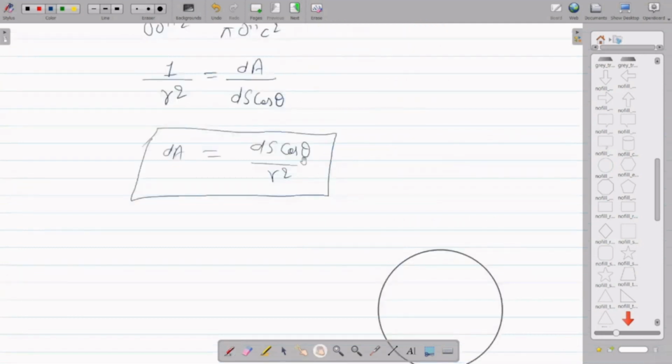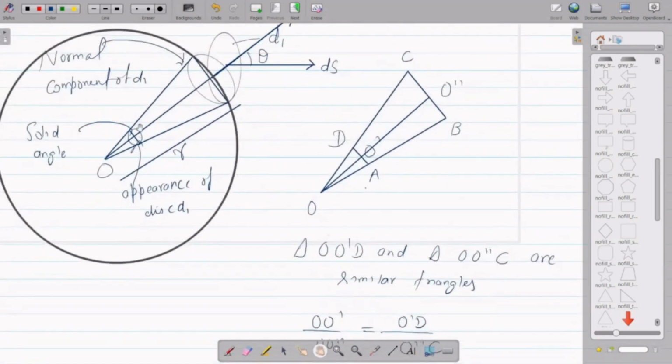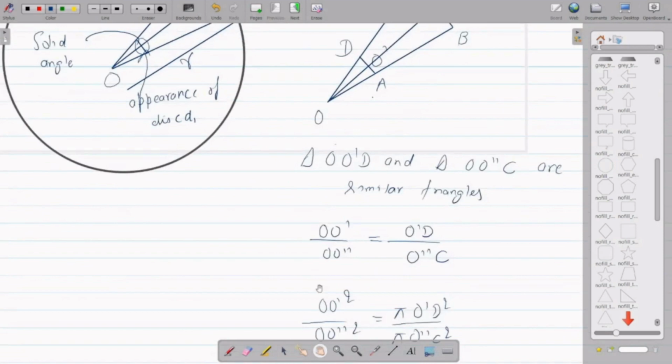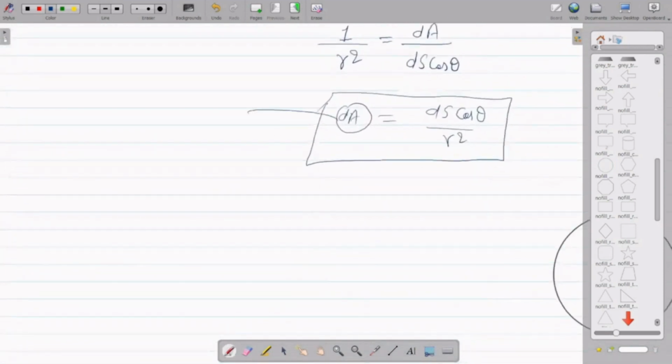So in this equation, what is this dA? dA is the surface area of this small surface element, this one, and it is basically the appearance of a disk D1, and it is also called solid angle, right? So this dA is the solid angle.